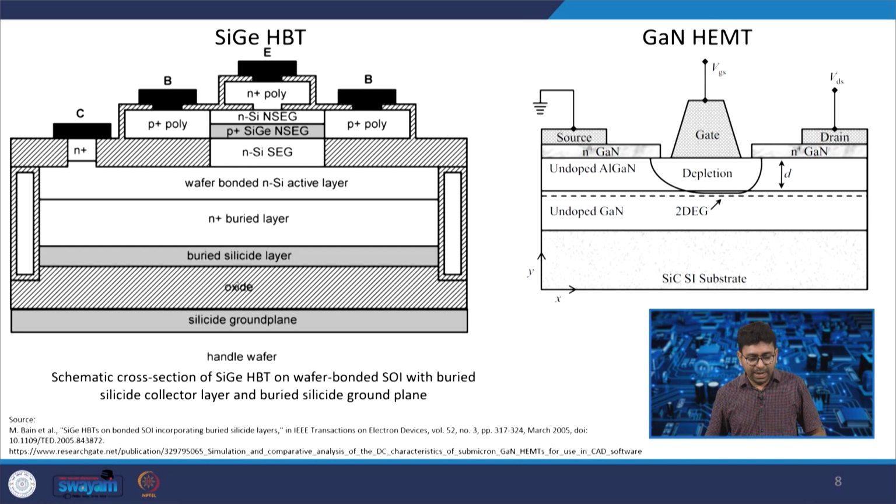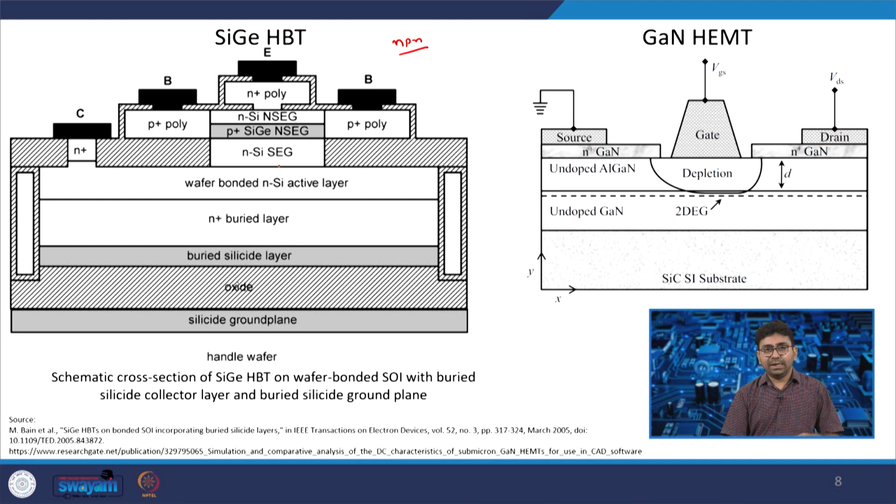If you see in the HBT, we use an NPN transistor. The emitter is connected with N plus poly, and then there is a base which is P plus poly. After the emitter there is a base, and this is also part of the emitter. After that there is a collector which is going to collect all the electrons.